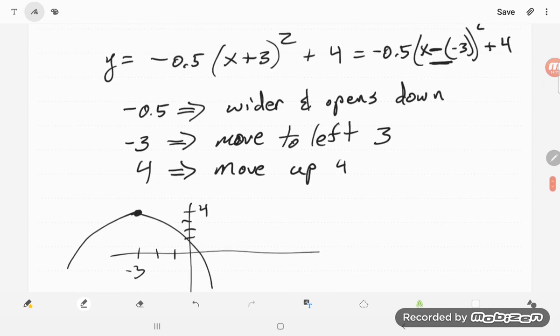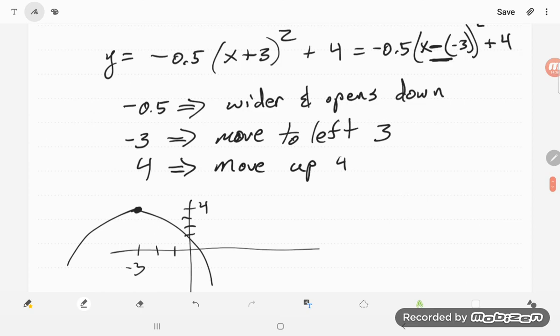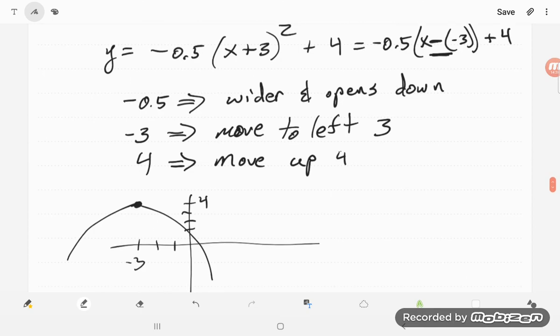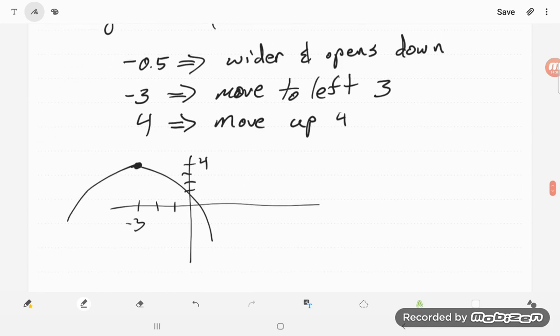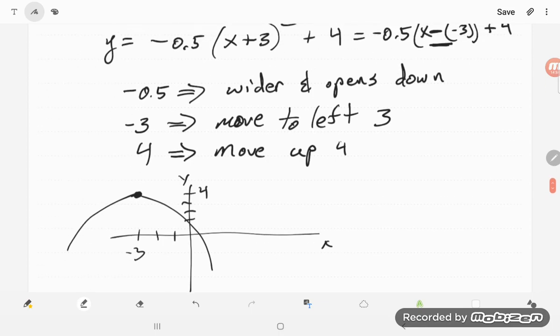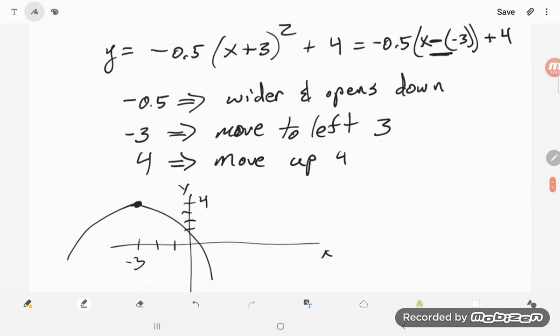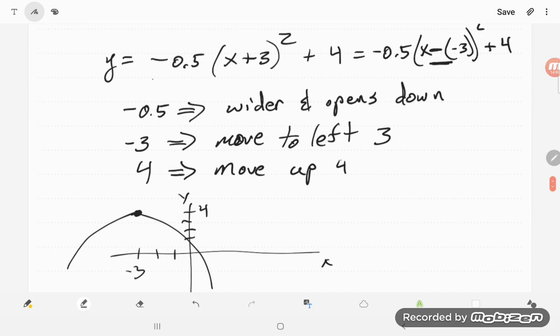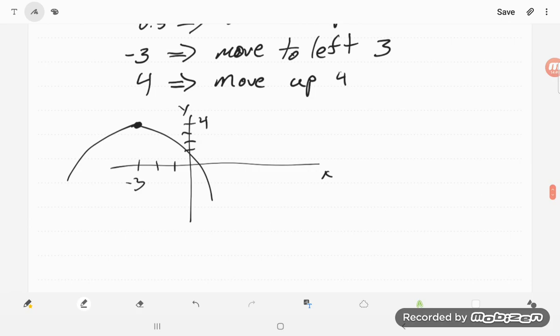And again, I would probably go to Desmos to get the specifically correct answer. But I have an idea of what it looks like if I were to have data that looked like that. And so I can play with those values of A, B, and C here to get the function I want.